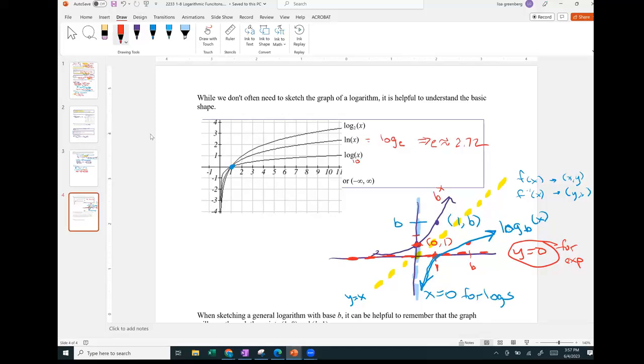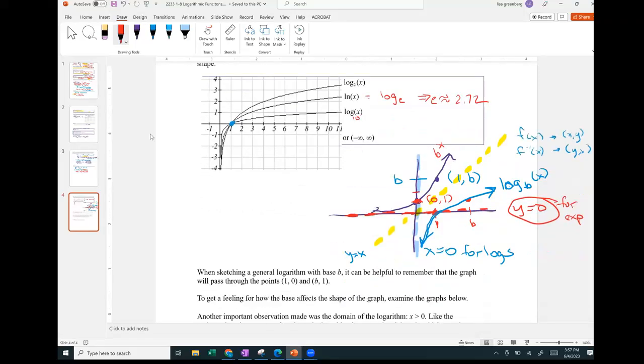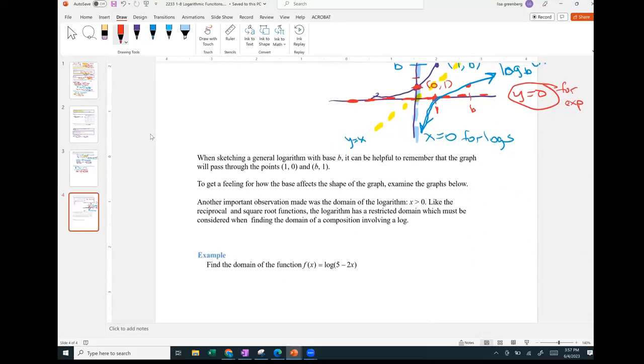But I wanted to show you, if it helps, if you remember the exponential function, which is purple, then the log just reflects and has the asymptote going the opposite. So my blue graph is my log graph. So when sketching a general logarithm with base b, it can be helpful to remember that the graph will pass through these 2 points, just like I said, because exponentials are 0, 1 and 1, b, logs are 1, 0 and b, 1.